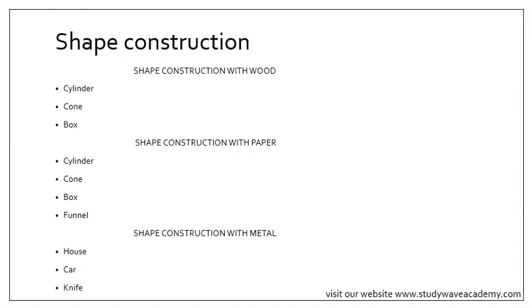And shape construction with paper. You can use paper to make cylinder, cone, box, and funnel. Do we understand? And the shape construction with metal, you can use metal to make house, car, and knife. Metal can be used to make house, car, and knife. Okay?